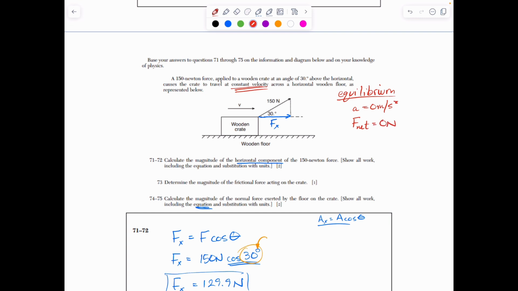And so when I look at this, what do I have? I have a wooden crate. It has a weight, Fg. That Fg is canceled out by the normal force, which is up. But not only that, there's also this upward component. I'm going to do it in orange, force in the y.